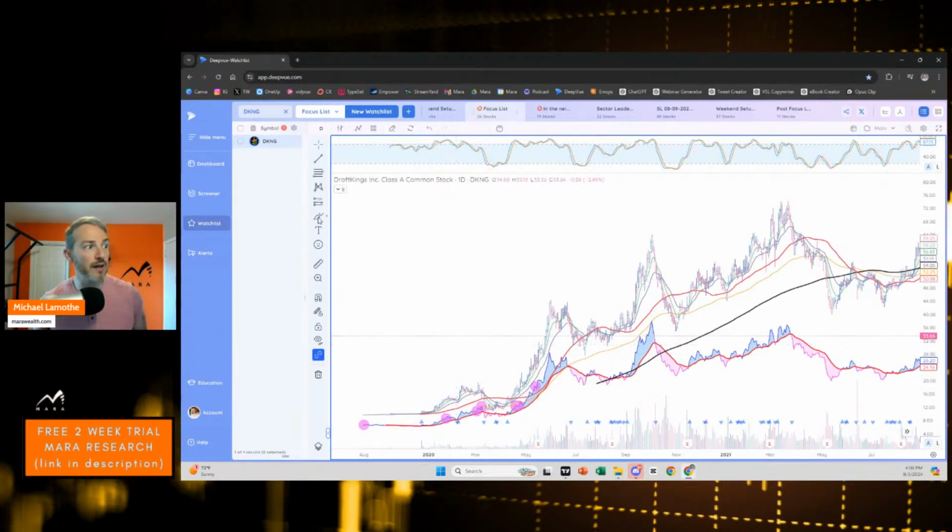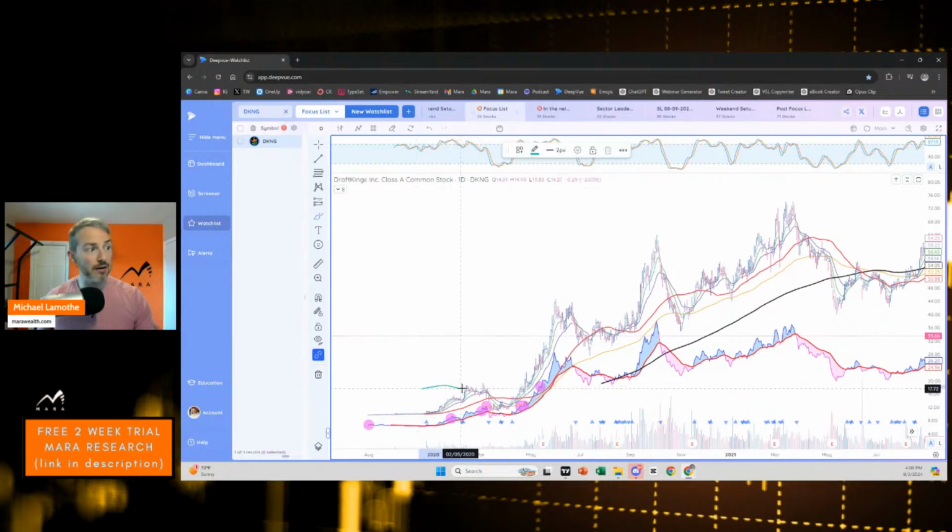And what is a stage analysis? Stage analysis is basically showing us when there's an accumulation phase, right? So down here, when price is moving sideways, that's your basic accumulation phase of the stock. Then once price starts to break out of this and starts to head up, now you're in the uptrend phase.